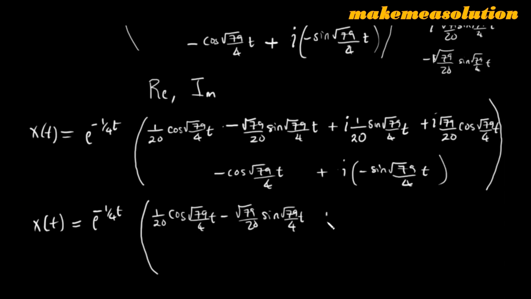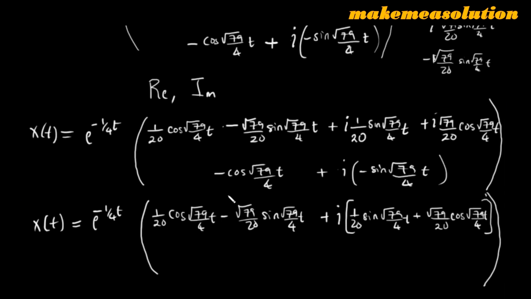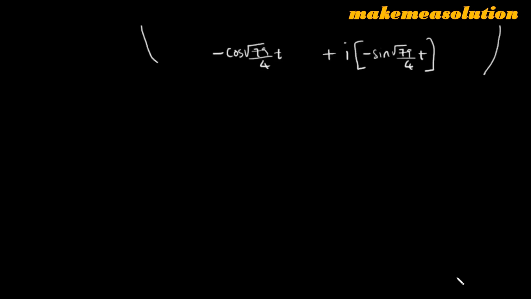Okay, the real parts plus imaginary parts, I bracket, you have 1 over 20 sine root 79 over 4t, then plus root 79 over 20 cos root 79 over 4t, like this. Then you have this as the real part, giving you minus cos root 79 over 4t, then plus I. You now have minus sine root 79 over 4t, like this.